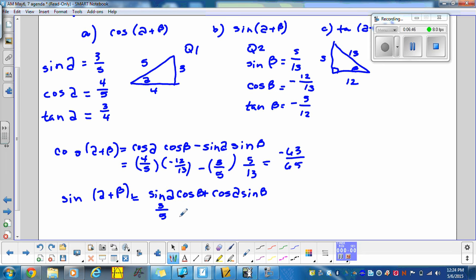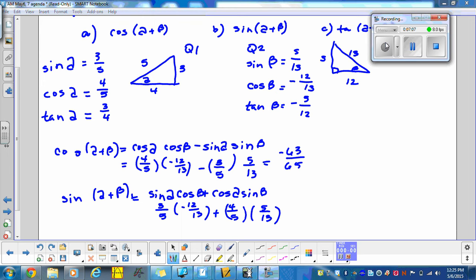And the cosine of beta is negative 12/13, plus the cosine of alpha, which is 4/5, and the sine of beta, which is 5/13. And again, I'm going to plug that into the calculator. For this one, I plugged it into the calculator and I got negative 16/65.